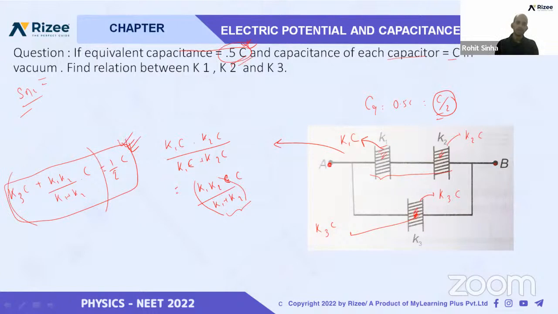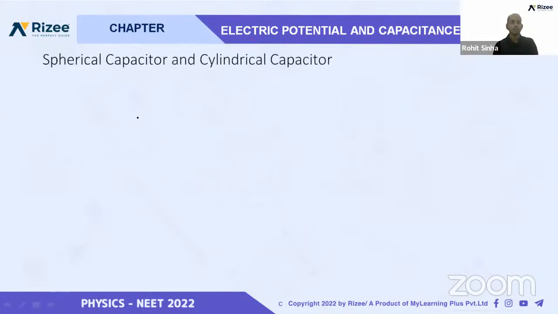Now let us move further and see the spherical capacitor. Suppose we have one spherical capacitor like this.